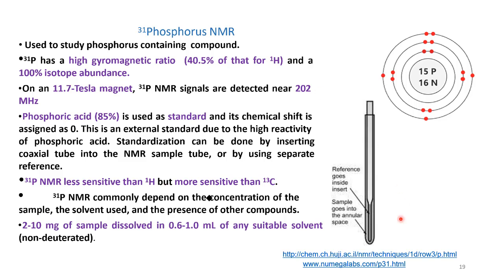This is a sample tube, and the reference goes inside the insert, and the sample goes in the annulus space. Phosphoric acid is used as the standard in the case of phosphorus, and its chemical shift is assigned to 0. It is an external standard due to its high reactivity. The material can be reactive to the phosphoric acid, so we keep it inside the insert, not mixing with the sample, and the sample is in the outside annular space.